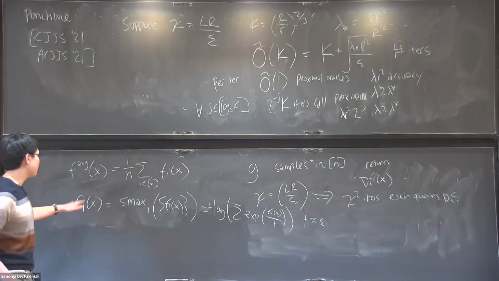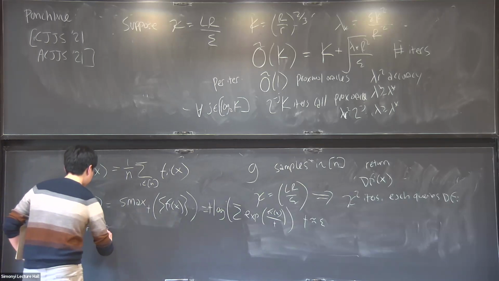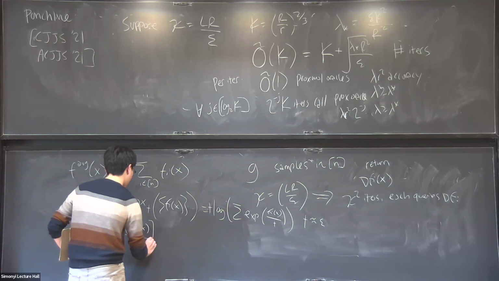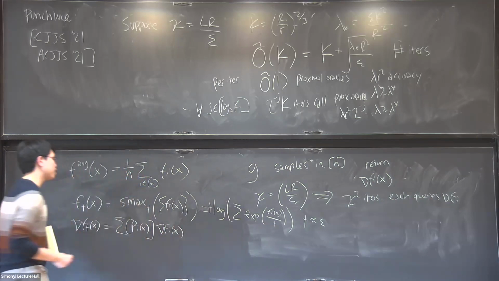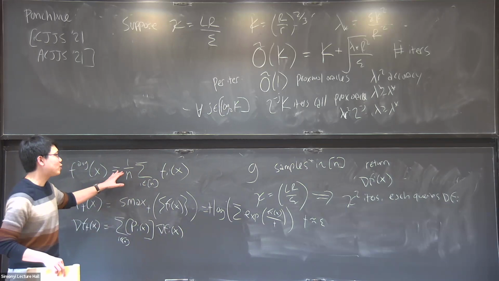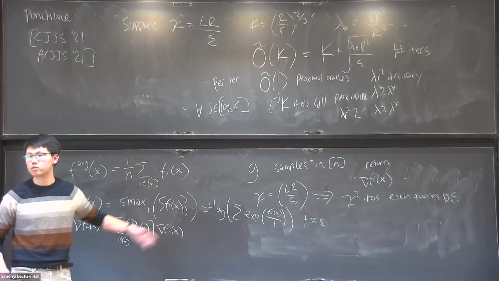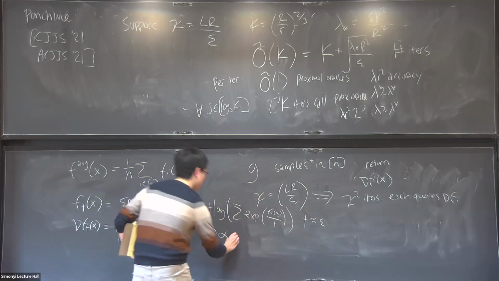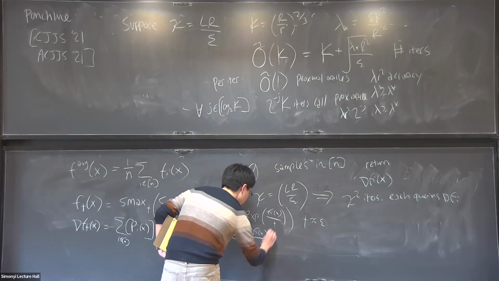So what is the gradient of ft of x? Well, it turns out that the gradient of ft of x is going to be equal to, just like the average case, where there it's just the average of the individual gradients, here it's some sort of weighted average of the individual gradients, where pi of x is going to be proportional to exp of fi of x over t.